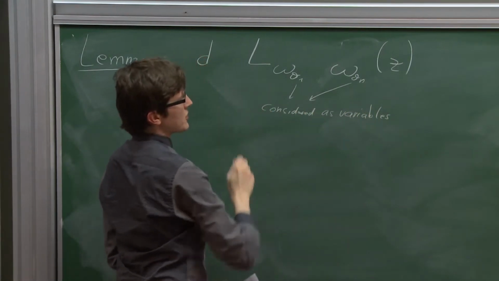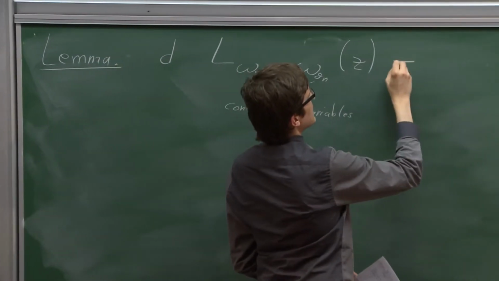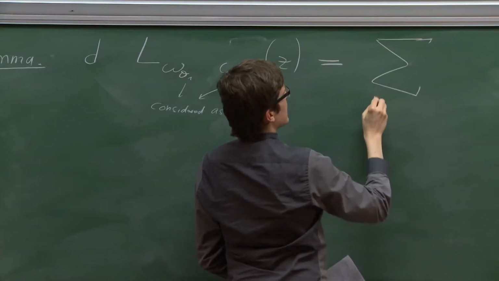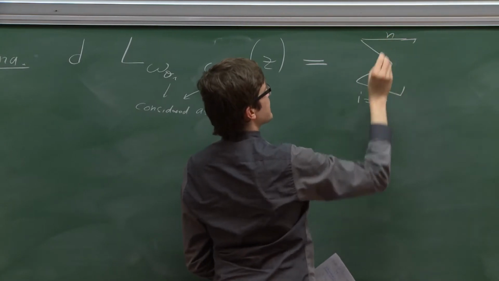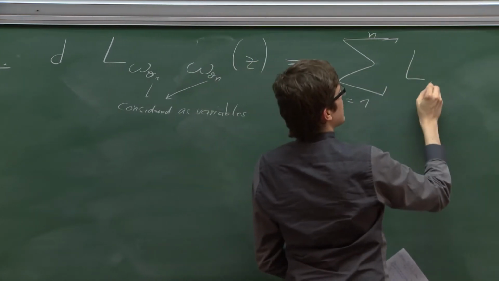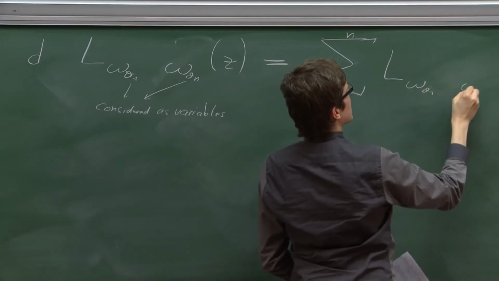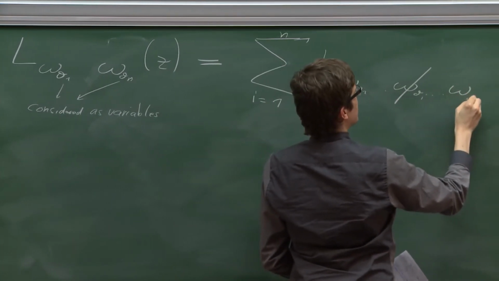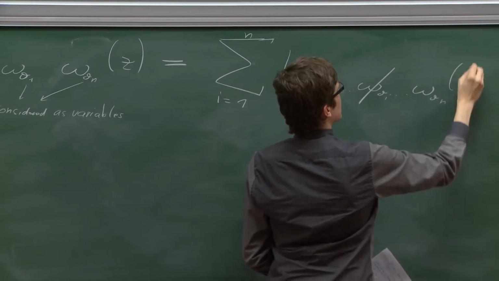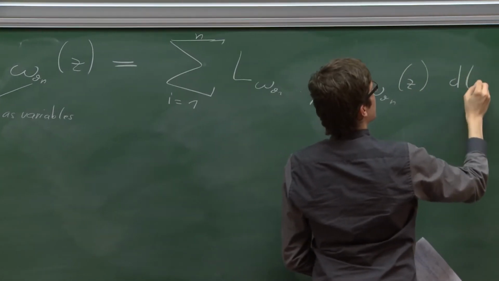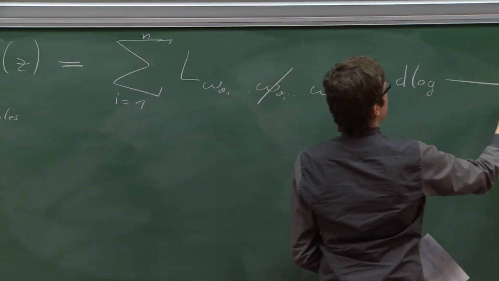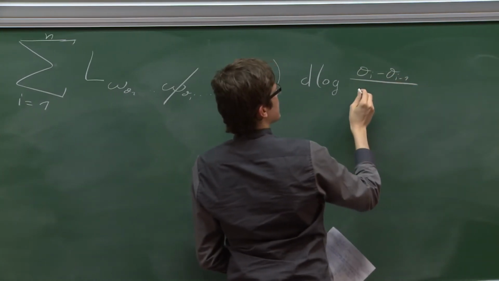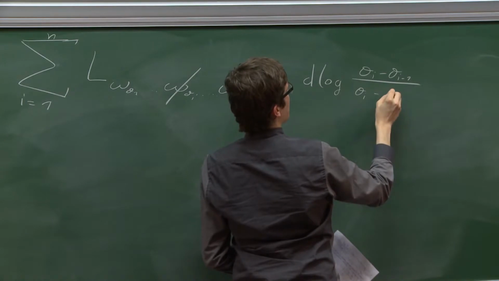We really compute the full total derivative. And you can actually prove that there's a simple explicit formula for this. You have a sum over all the letters, and you take the word where you delete one of those letters, and then you have an explicit logarithmic total derivative of the consecutive differences of the letters.